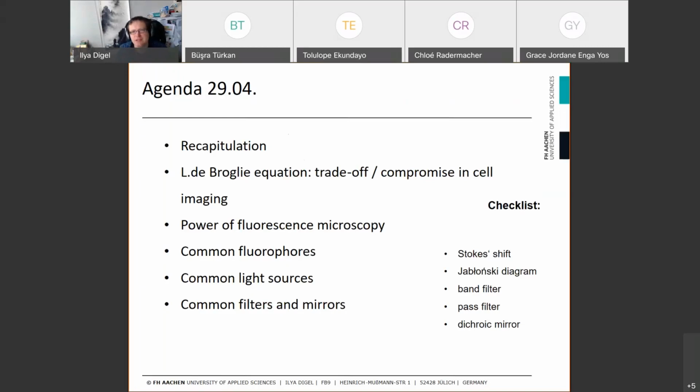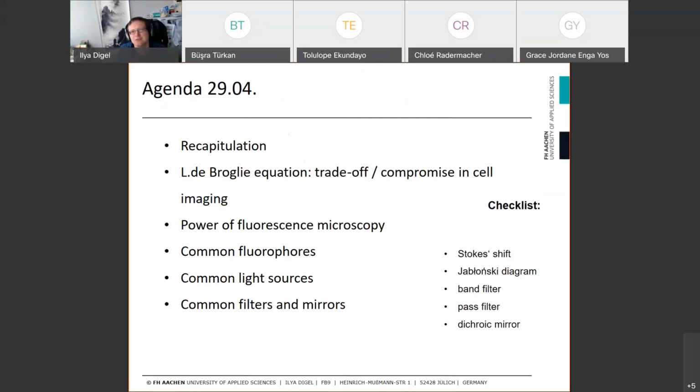Well, today's plan you already can see. Today our goals will be less ambitious. We are going just to learn something about the advantages of fluorescence microscopy. And in doing so, we are going to check some common fluorophores used in fluorescence microscopy.